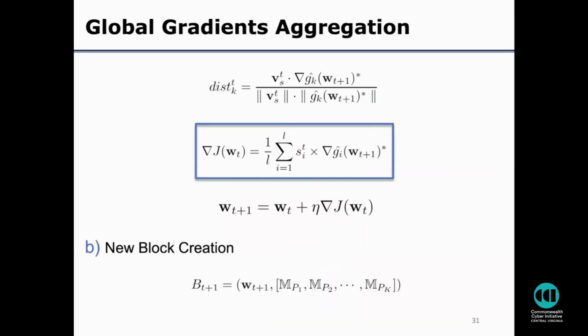Once the correct descent direction is found, the computing nodes calculate the cosine distance between each data holder's normalized local gradient and the sum, and then pick the top L nearest gradients among these K distance values, to calculate the global gradient value J here.